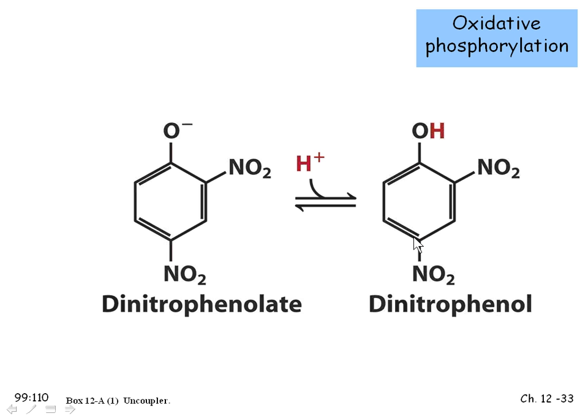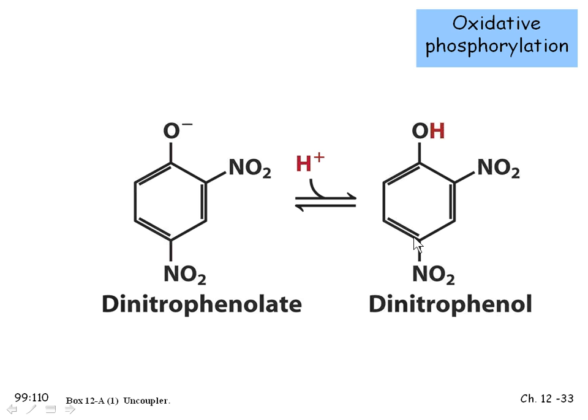So although it's a very dumb molecule, and it doesn't know which side of the membrane it's on, on average, what it's going to do is pick up protons on the high concentration side and let go of them on the low concentration side. And because it does that, overall, the proton gradient is going to be dissipated. It's going to go away.